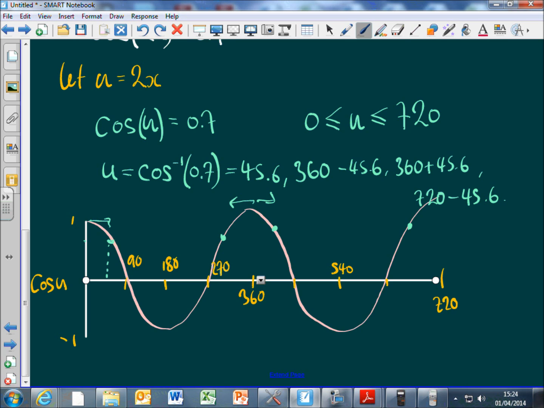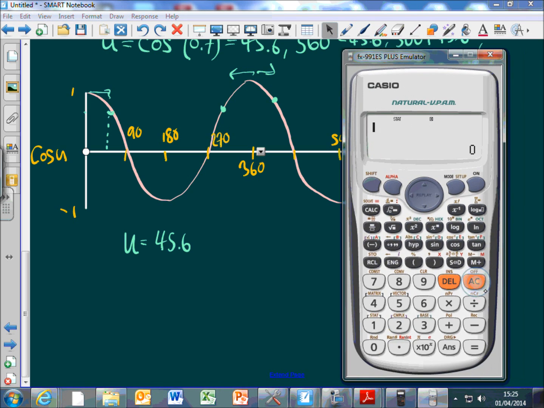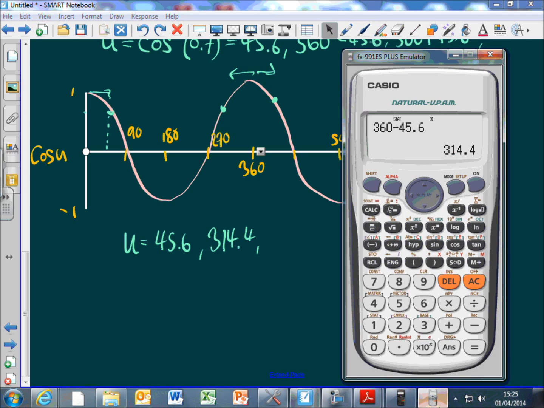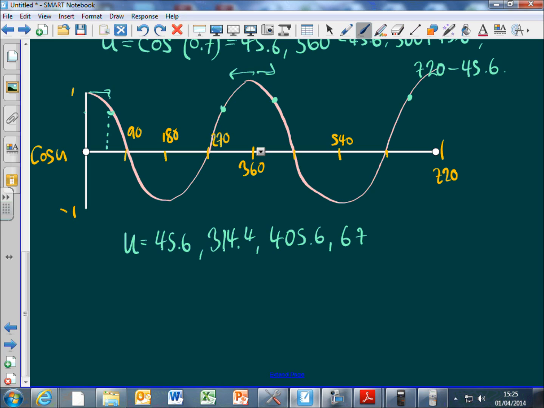Okay, so my values of u are 45.6, and then I've got, let's have a look, 360 take away 45.6, which is 314.4. I've also got 360 plus 45.6, which is 405.6. And then what, Connor, sorry? 674.4. Okay, 4 solutions, do you agree?